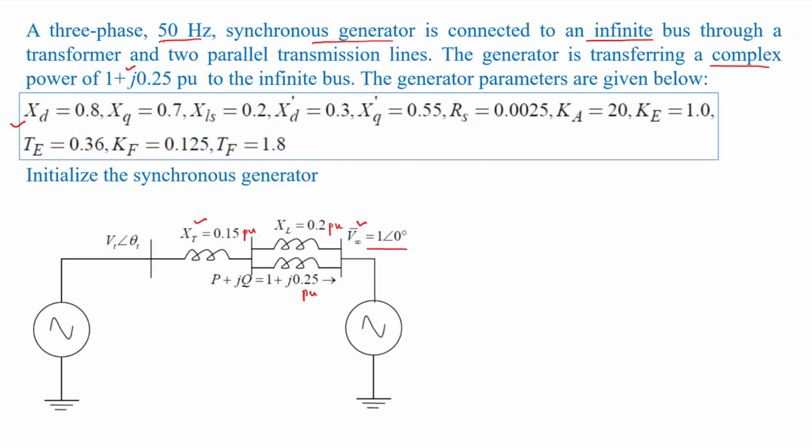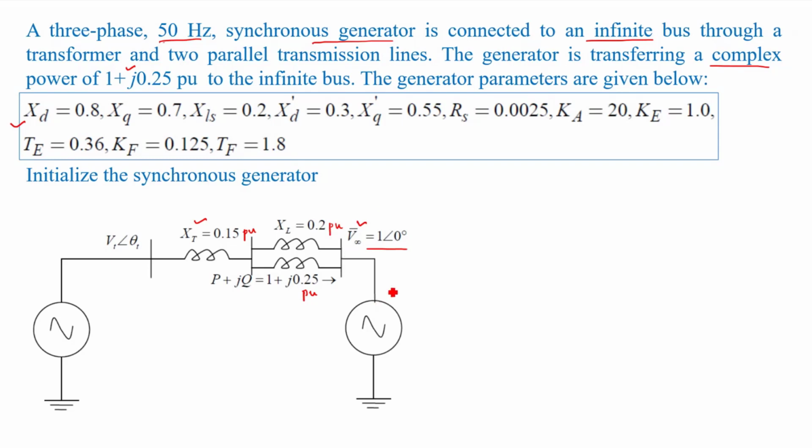With load flow analysis, we can find the initial conditions, that is the terminal voltages and currents at the generator, and then we can initialize different parameters in the system, right?